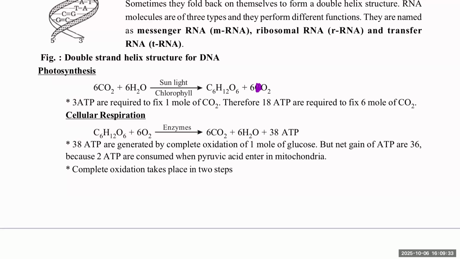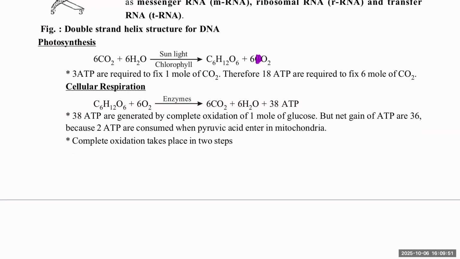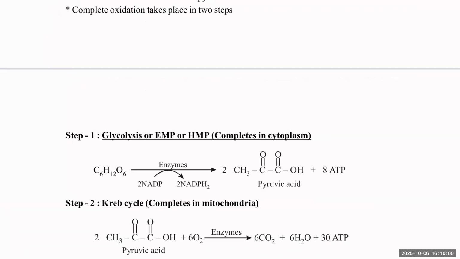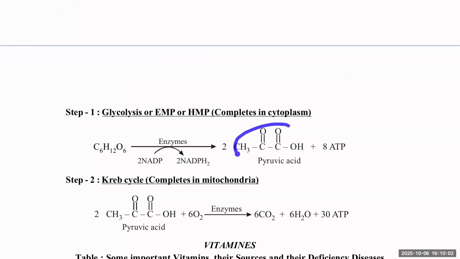So when you oxidize one glucose, I would suggest we do not have to get into details of it because this is completely the biology part. You just need to know the numbers, okay? So 38 ATPs are generated when you oxidize 1 mole of glucose. But have you noticed that when it comes to 38, the net ATP gain is lower because 2 ATP are consumed when pyruvic acid enters the mitochondria, correct? This is pyruvic acid, correct?